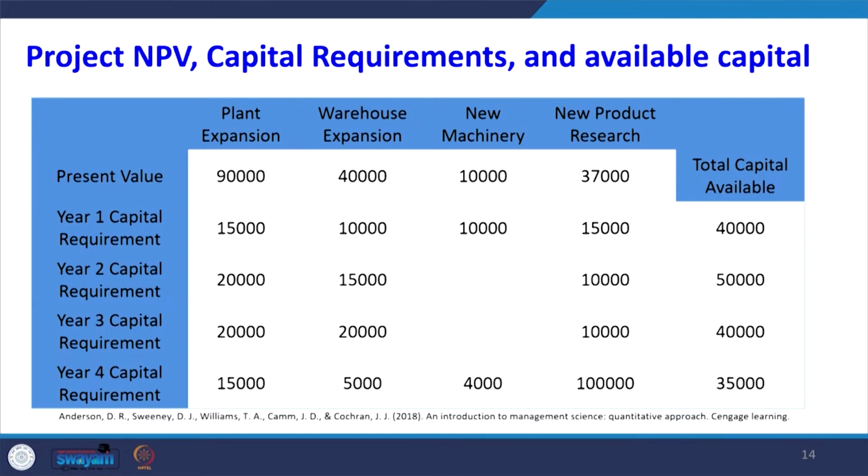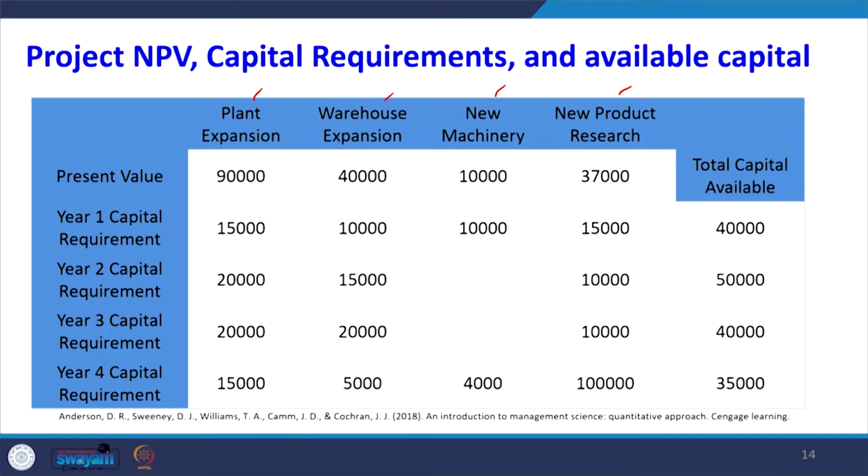So, this table shows the present value. There are 4 projects. What are the 4 projects? Plant expansion, warehouse expansion, new machinery or new product research. The net present value of plant expansion is $90,000, $40,000 for warehouse expansion, $10,000 for new machinery and $30,000 for new product research.